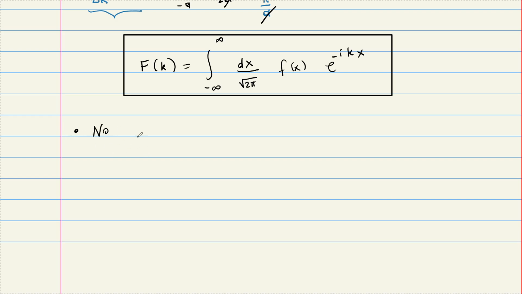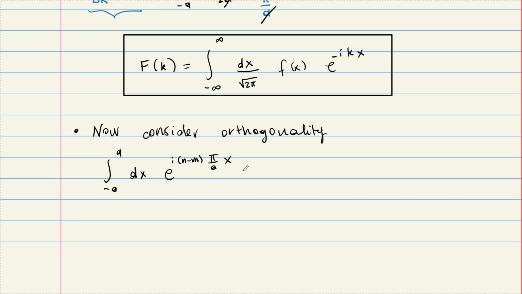Now, consider orthogonality, and we want to go from Kronecker delta to Dirac delta as a goes to infinity. So this is minus a to a, dx e to the i (n minus m) pi over a x.